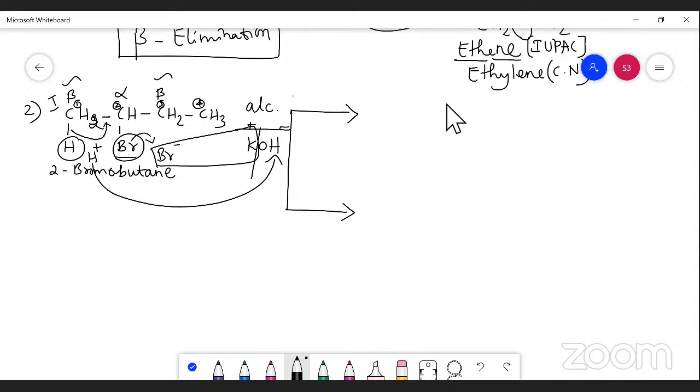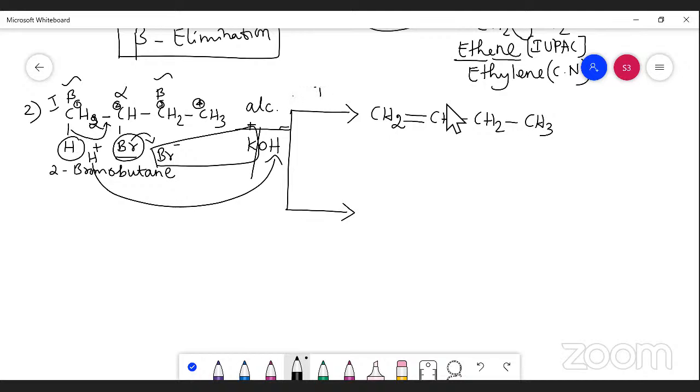The first carbon is CH2, because I eliminated one hydrogen; there was already one single bond, and now I'm adding one, so it becomes a double bond. Second, CH. Third carbon does not change, CH2. And fourth carbon, CH3. Is it clear? This is your first pathway.